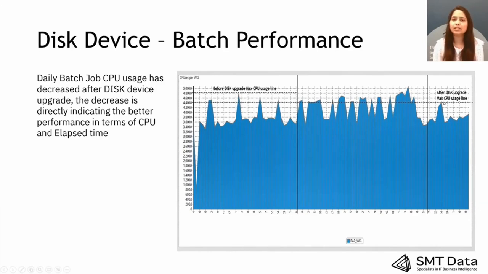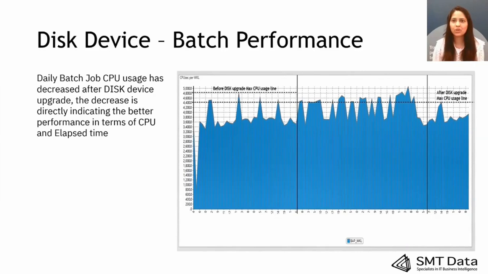I didn't put the elapsed time of the batch here, but I checked after the disk upgrade, and the batch elapsed time improved a lot too. So the point here is, when you do a device upgrade, or move from Z13 to Z16, or Z14 to Z16, or Z15 to Z16, or do any upgrade or disaster recovery DR test, it's good to check your batch performance because you're getting a new disk device.